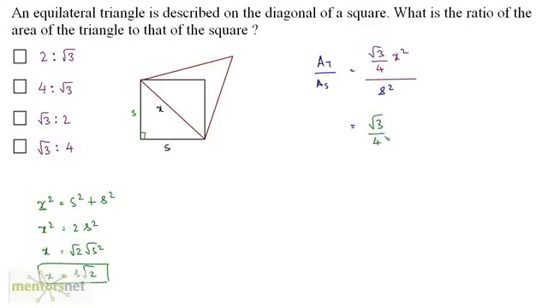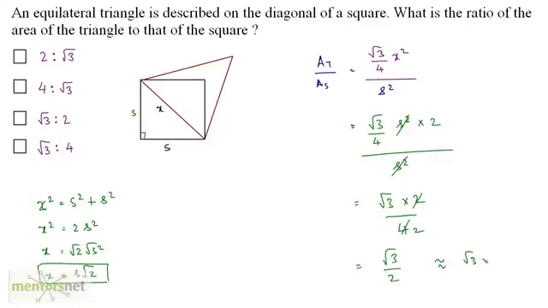So root 3 by 4 X square, so it becomes S square, and root 2 square, that's 2, divided by, we have S square. So S square gets cancelled out. We have root 3 times 2 by 4. 2 times 2 is 4. So root 3 by 2. So the ratio is root 3 is to 2. So we have the answer. Option C.